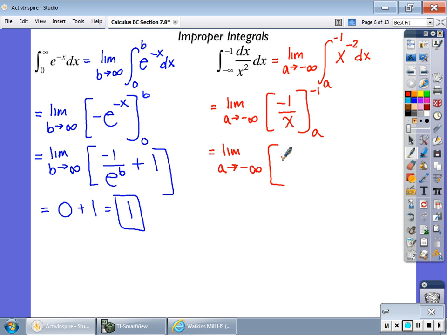Substitute our negative 1, you get positive 1 minus a negative, plus 1 over a. And so as a approaches negative infinity, 1 divided by a larger and larger negative number still approaches 0. This is equal to 1 plus 0. So this integral converges to 1, which is what we thought would happen.